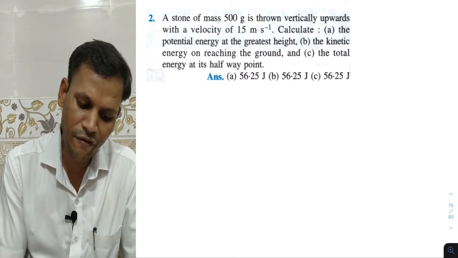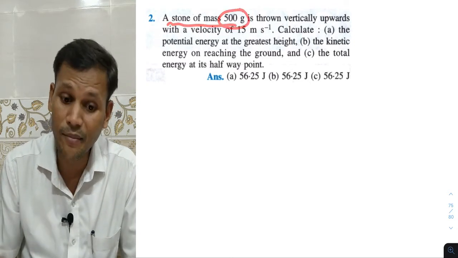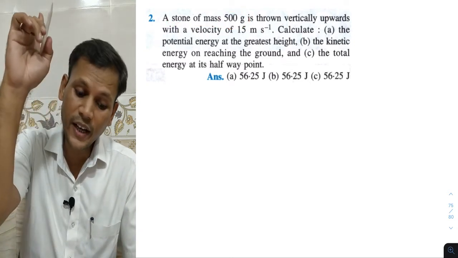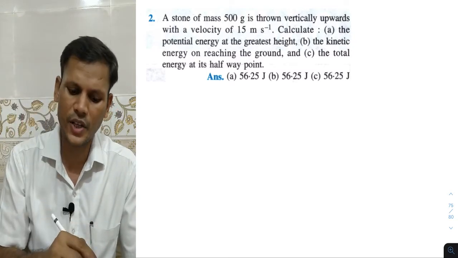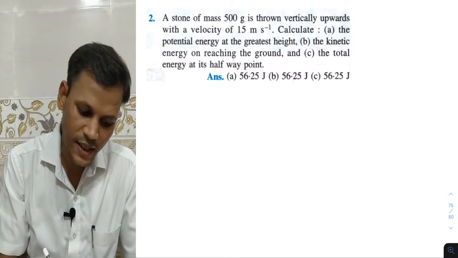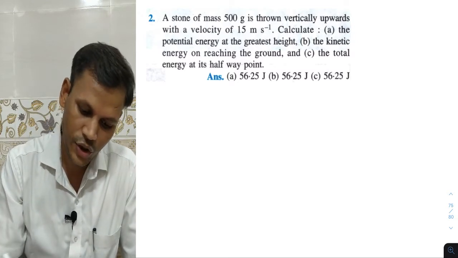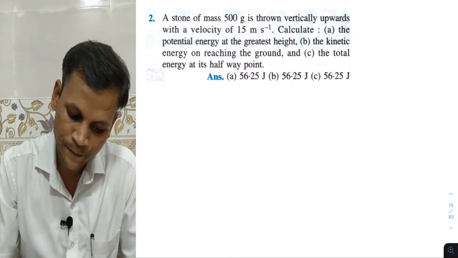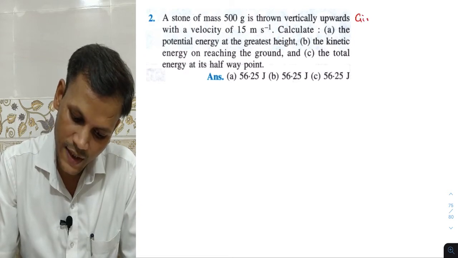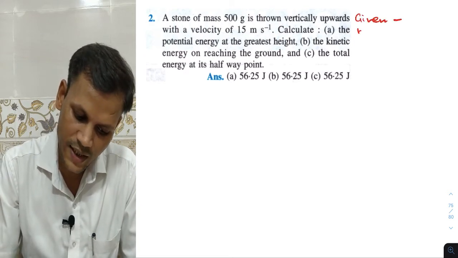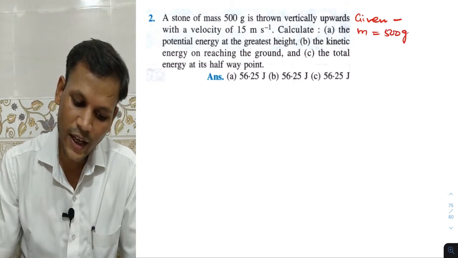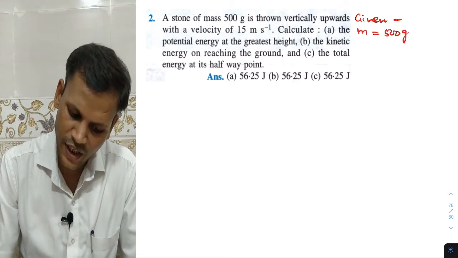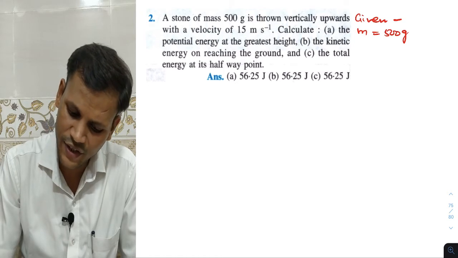A stone of mass 500 gram is thrown vertically upwards with a velocity of 15 meter per second. Again, mass is given and velocity is given. So we will write given: mass m is 500 gram, thrown vertically upward with the initial velocity, which I can write as u or v.